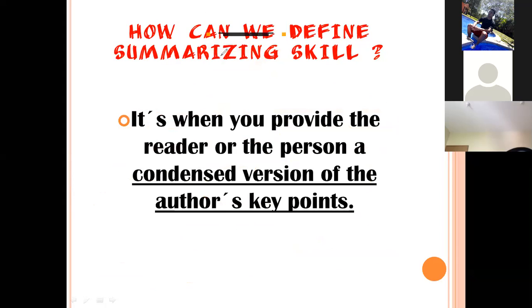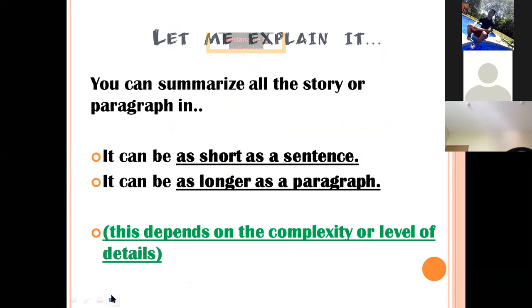So guys, let's continue. Let me explain in simple words. You can summarize a story, for example, in a paragraph. So this is the first one. For example, number one, it can be as short as a sentence.